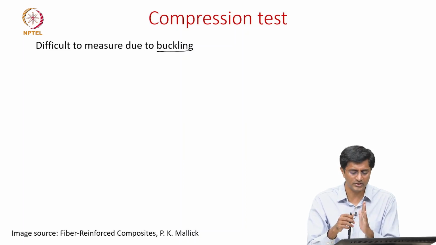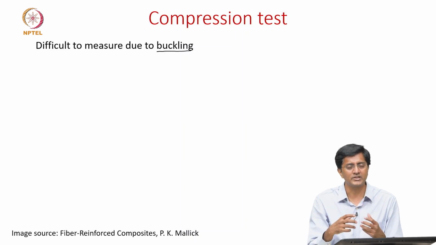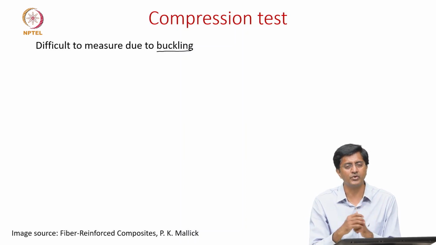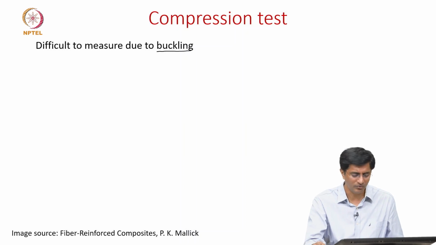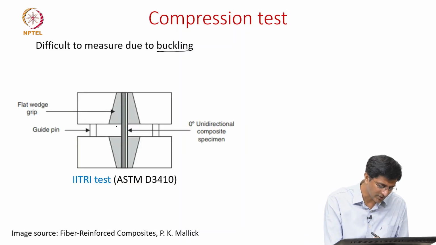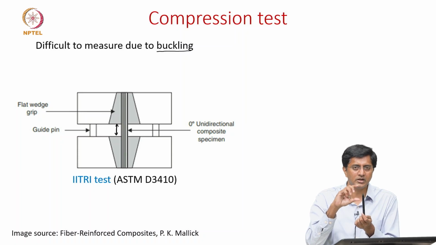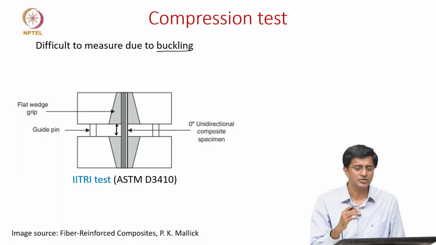So let's say if there is a panel and we are applying a compressive load, we expect it to buckle first, even before it shows any compressive failure modes. So how do we avoid buckling? One way to avoid buckling is to ensure that the length of the specimen is limited. If the height of the specimen is limited, then the buckling loads are high, so the failure will first happen in compression and then go to buckling.